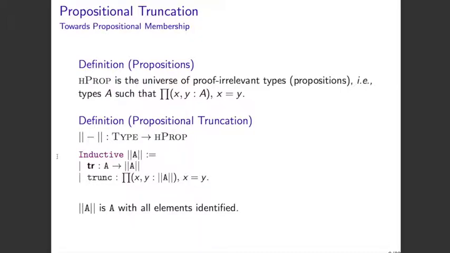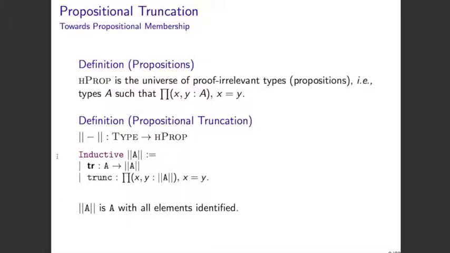Now that we've seen the data type in detail, we have enough to define functions on finite sets. As an example, let us consider the membership predicate. Before we dive into that, we have to recall the notion of propositional truncation. In homotopy type theory, a type A is a proposition if it has at most one element, and we denote the universe of such proof-irrelevant types as hProp.